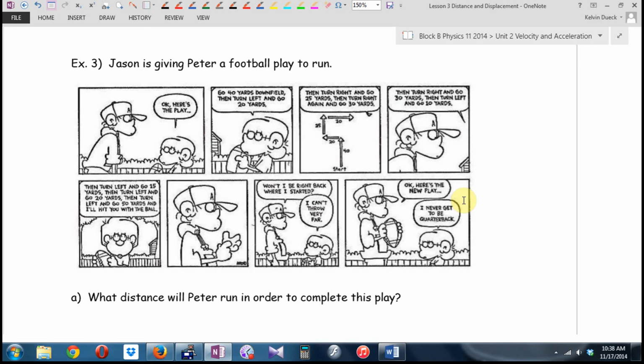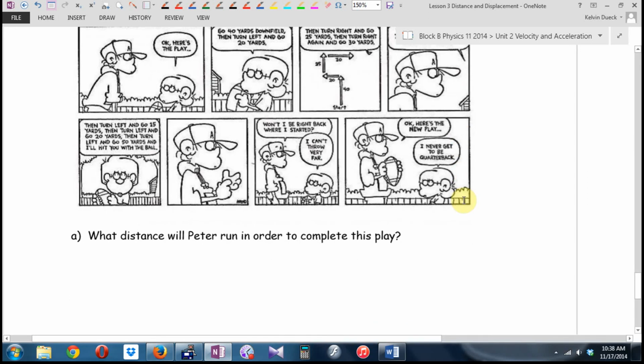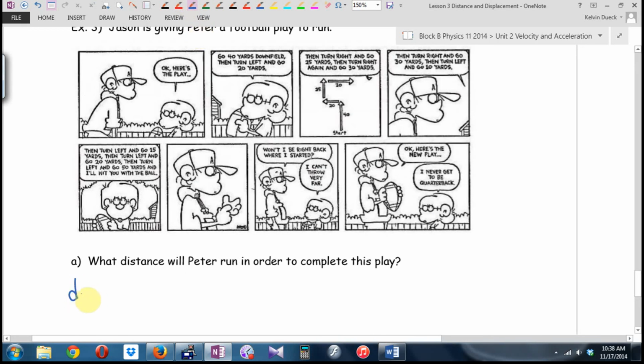So, what distance will Peter run in order to complete this play? Distance doesn't care about direction. Distance only cares about how many yards. So it's going to be 40 yards. Then, what's the next one? 20. Then 25, I'm just reading from the question, right?